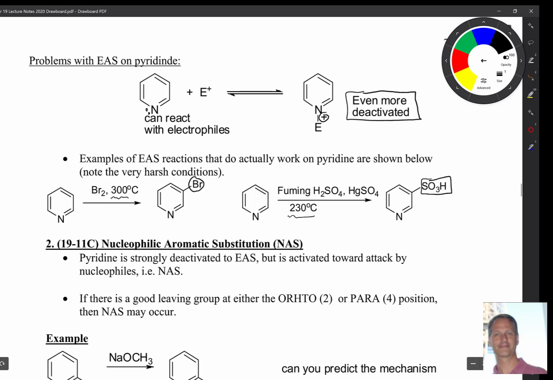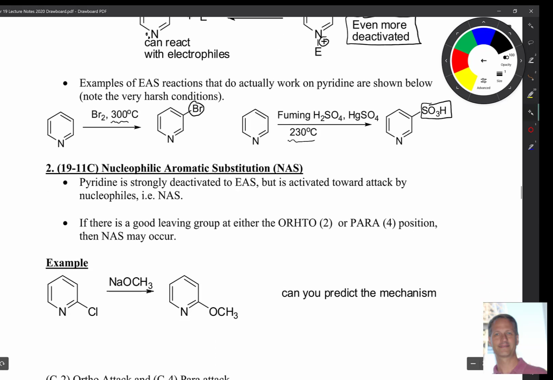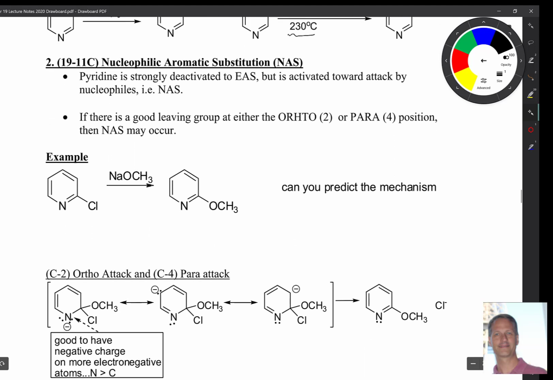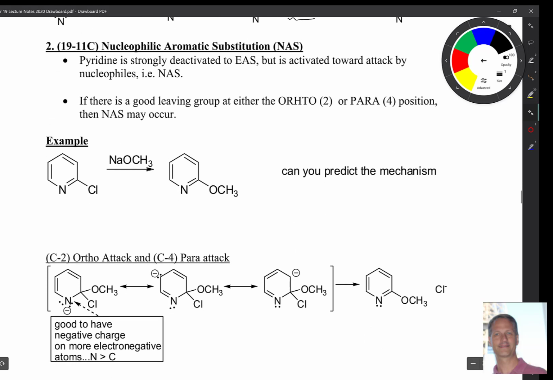All right. Now, for nucleophilic aromatic substitution, the mechanism is different. Pyridine is deactivated towards EAS, but it's activated towards attack by nucleophiles in NAS. So we want a good leaving group at either the ortho or para position, and then we can do NAS.